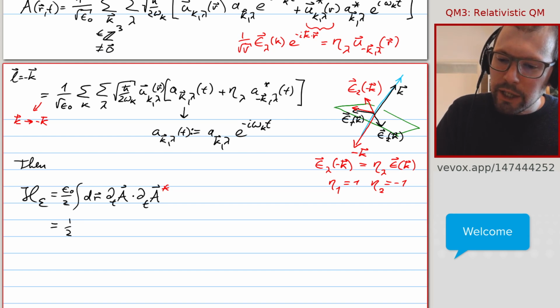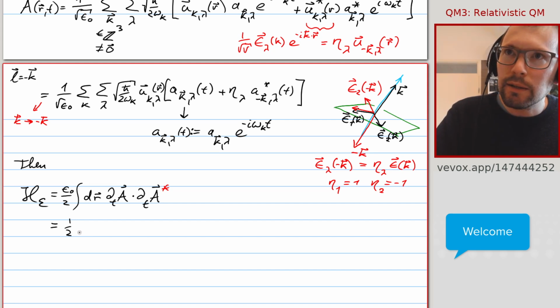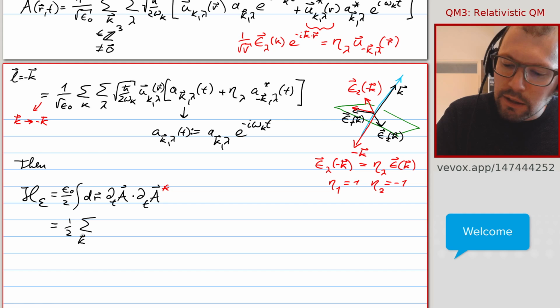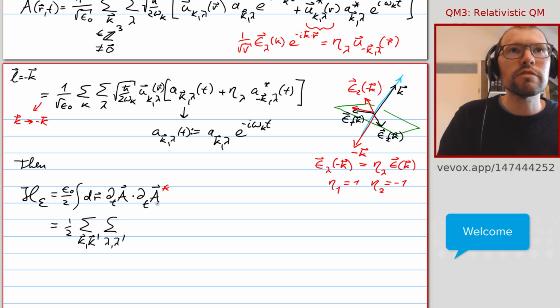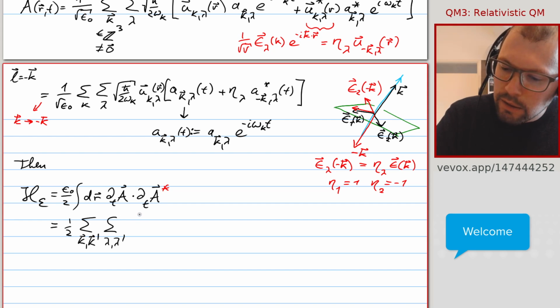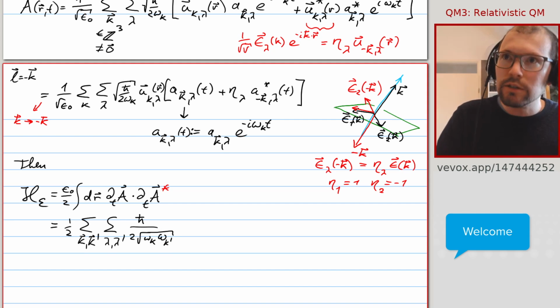So I get a 1/2 from here. Now the epsilon_0 clearly cancels both of these square roots of epsilon_0. Then I get a double summation over k and k prime, lambda and lambda prime, where the primed versions come from the second factor. I get an h bar over twice the square root of omega_k omega_k prime. So that's these parts.